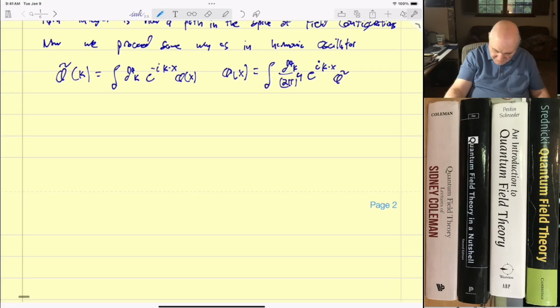Now, you always, in 4 dimensions, get 4 factors of 2 pi. Some authors put them symmetrically, with (2 pi)^2 here and (2 pi)^2 there. Some put them with one or the other. Czernicki always puts them with the k integral, so this denominator has a (2 pi)^4.